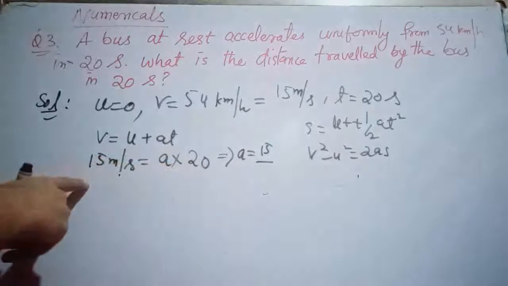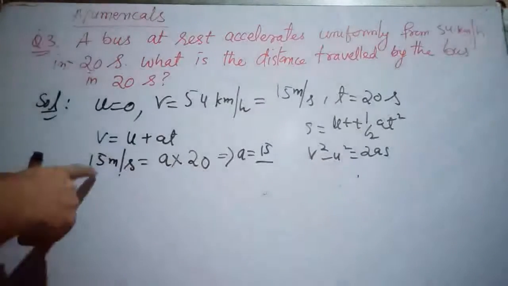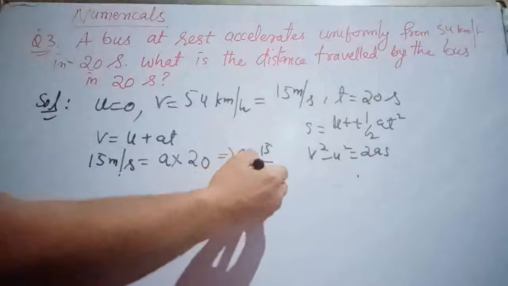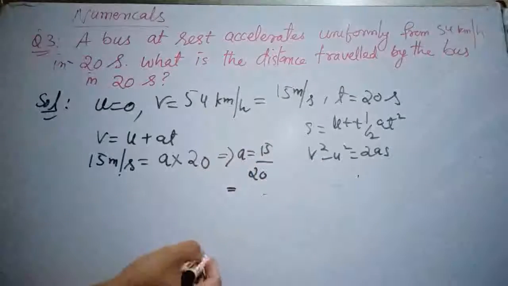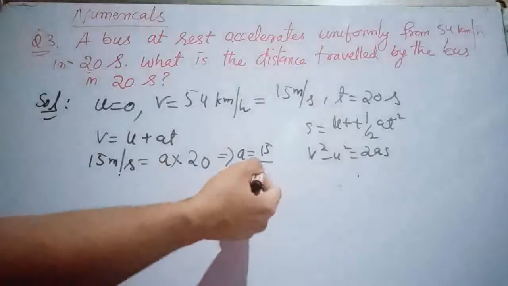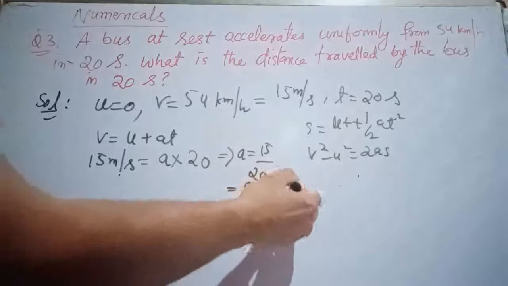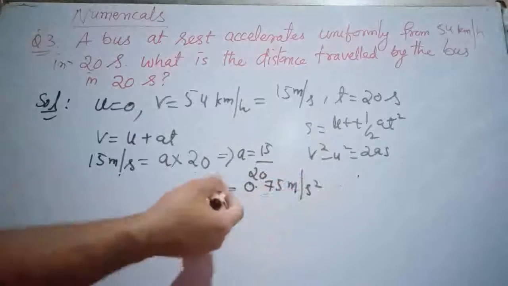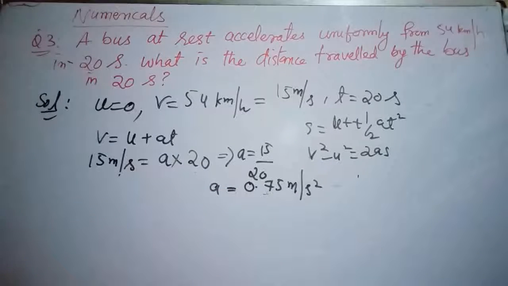When this gets shifted to the left hand side, it becomes divide by 20. So this is equal to 15 by 20, which is 0.75 meter per second square. So acceleration is equal to 0.75 meter per second square.